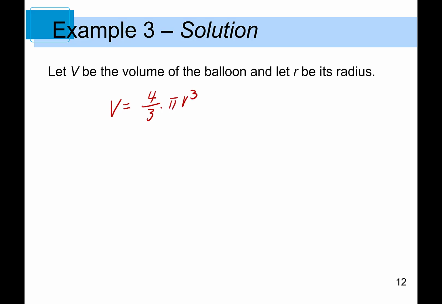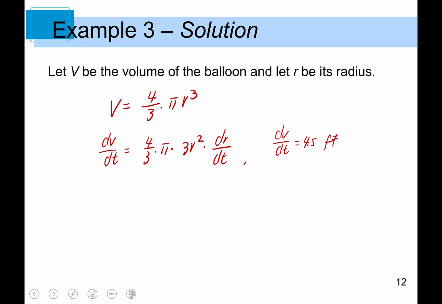Alright, so first of all, we just have to differentiate everything with respect to time t. So dV over dt on the left, 4 over 3 times pi, and differentiating R cubed becomes 3R squared times dR over dt. Now we know that dV over dt is given, which is 4.5 cubic feet per minute.